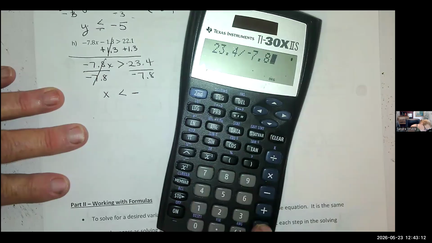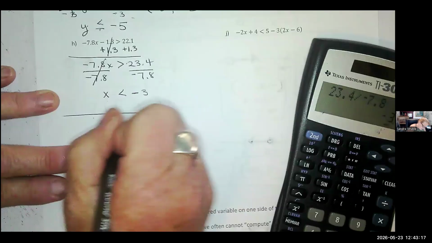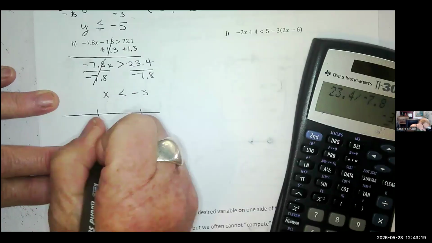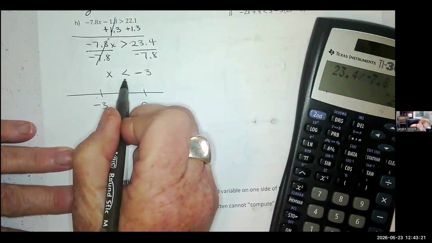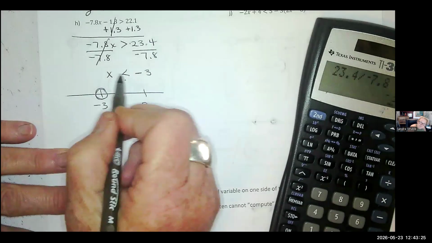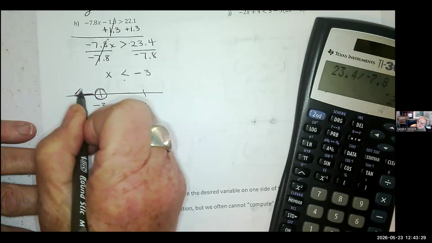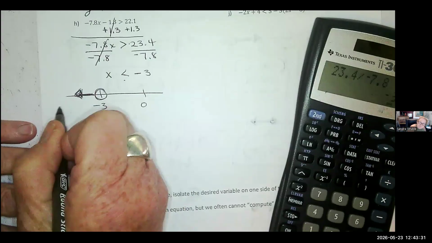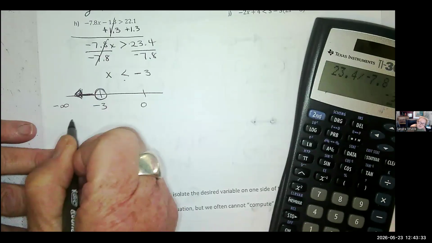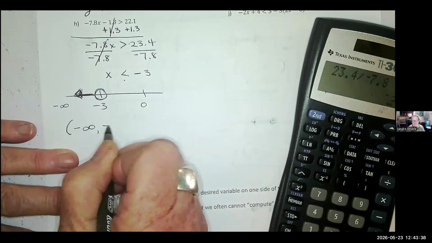Cool. Let's do our graph. 0, -3. Not included, so it's just a circle. And then x is less than, so it's heading to the left. The furthest number to the left is -infinity. Left to right, -infinity, stopping at -3, but it is not included, so it gets a parenthesis.